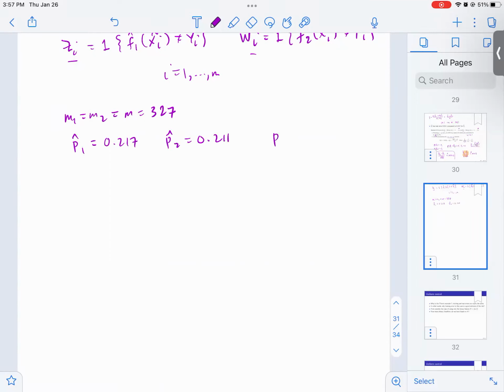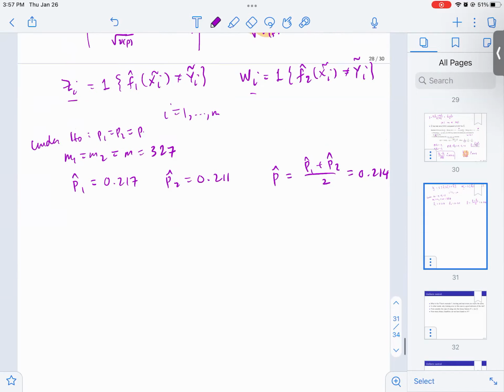And assuming that the risk is the same, under the null, under H naught, which is saying p1 is equal to p2 is equal to p, that shared estimate will be 0.214.